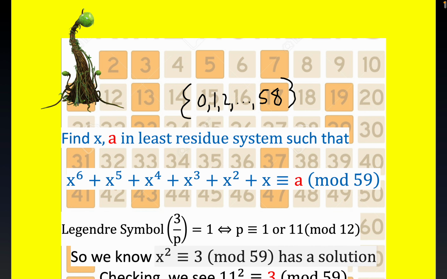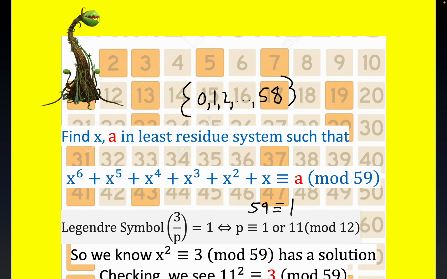Let me write that. If you're not familiar with congruence, that just means that 59 minus 1 is a multiple of 12. 59 minus 1 is 48, and that's 4 times 12. So that means there will be a solution to this.